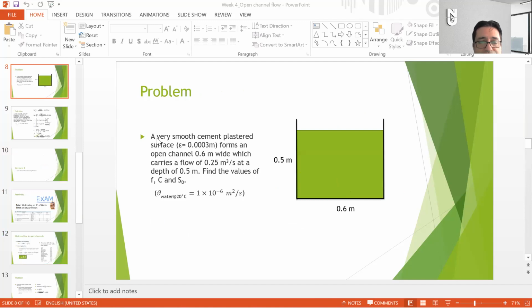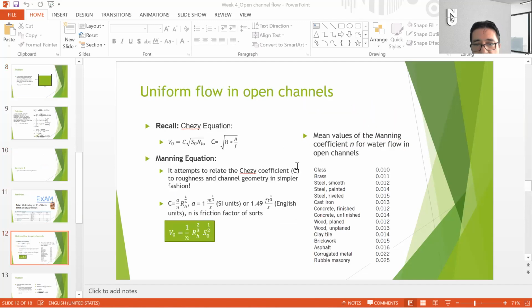And also, if you check what the material is given as here, smooth cement, and it's plaster. Let's go and check it again. This table, smooth cement, plaster. Okay, it is not concrete. It is not cement. I mean, this is a rough surface. However, let's say that it is concrete.